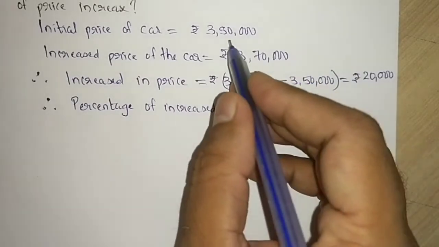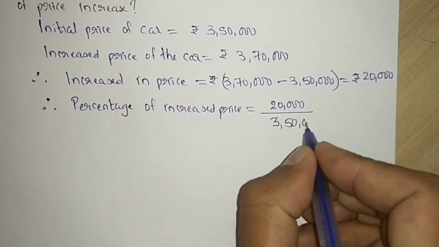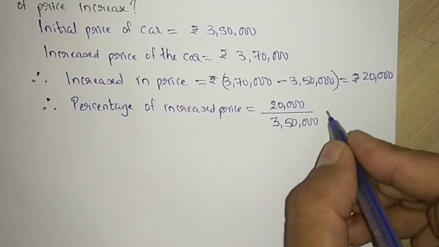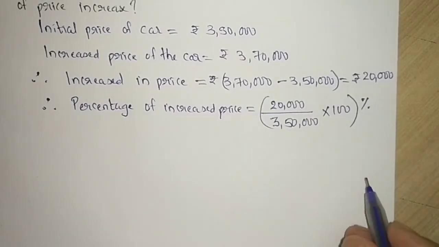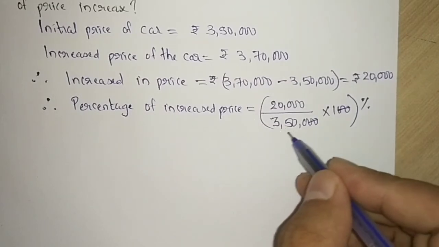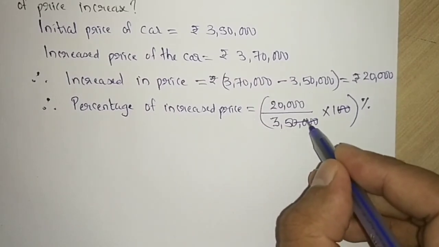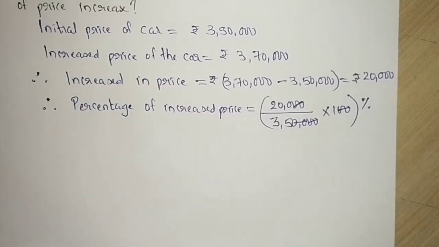Below we will write the original price, that is 3,50,000, into 100 and put the percentage sign. 2 zeros of 100 and 2 zeros of 3,500. Again 2 zeros of 3,500 and 2 zeros of 200.